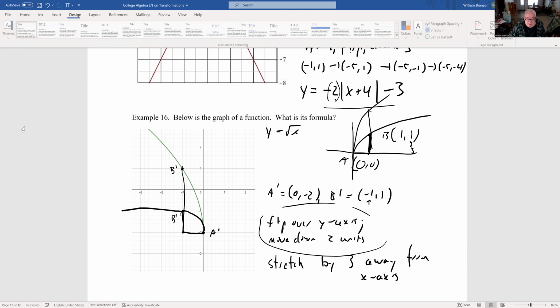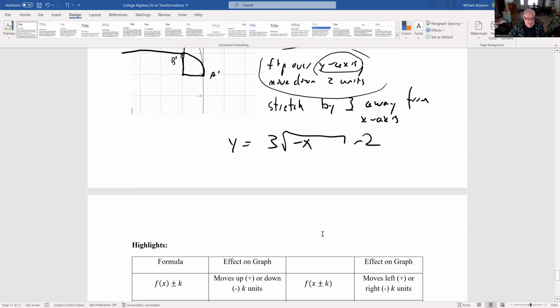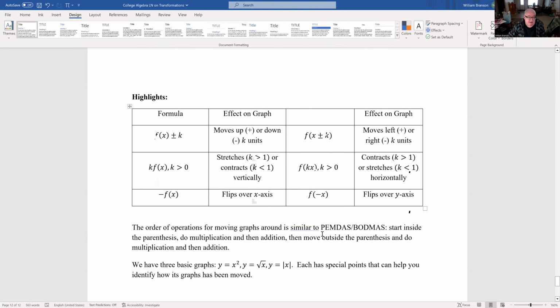So what's our formula if we put everything together? Square root is our basic function. Flip over the y-axis means we multiply x by minus 1 first. The stretch by 3 means a multiplication by 3 outside, and then moving down 2 units. And if you want to track that, you can go on GeoGebra, some kind of graphing tool, to see how that works.